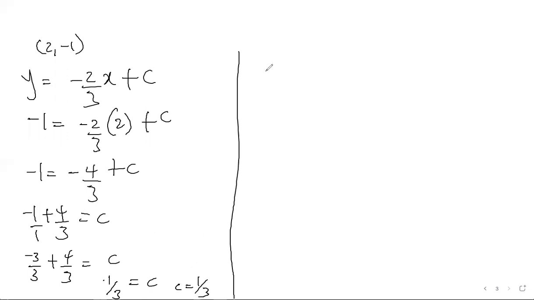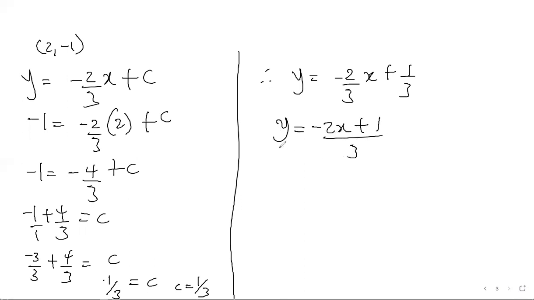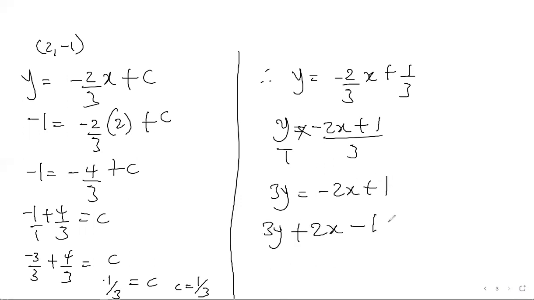So therefore, the equation of the line y will be minus 2 over 3 x plus 1 over 3. So I can write that as minus 2x plus 1 all over 3. By cross multiply, 3y equals minus 2x plus 1. And I can write it as 3y plus 2x minus 1 equals 0.